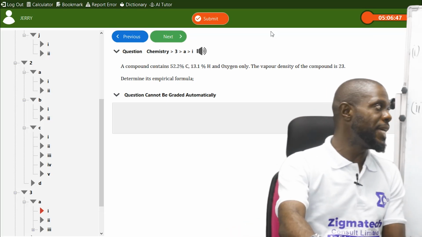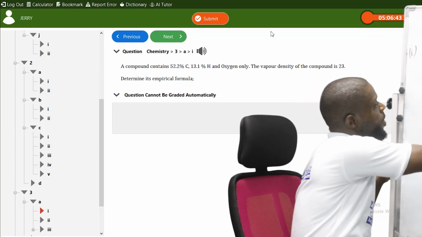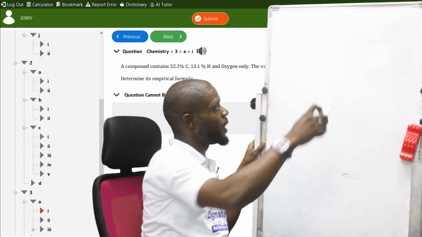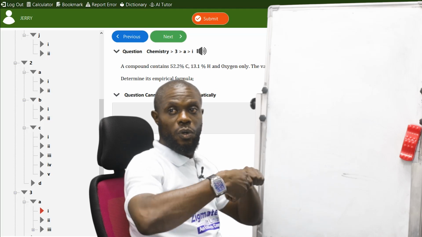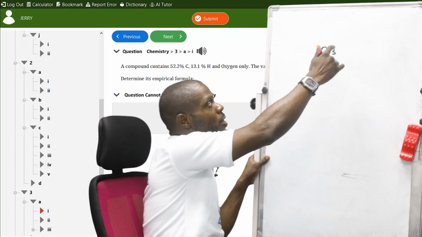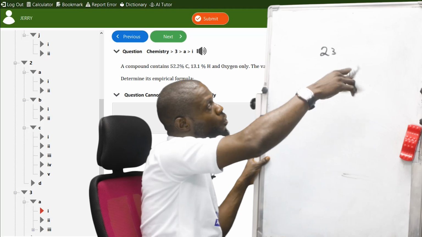So if a vapor density is 23, for example, that's the vapor density given to you. That means what they did was take the molecular formula of the substance, divided by 2, and that gave you 23.